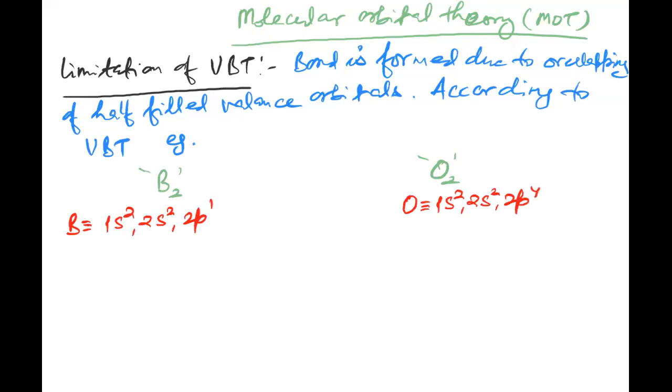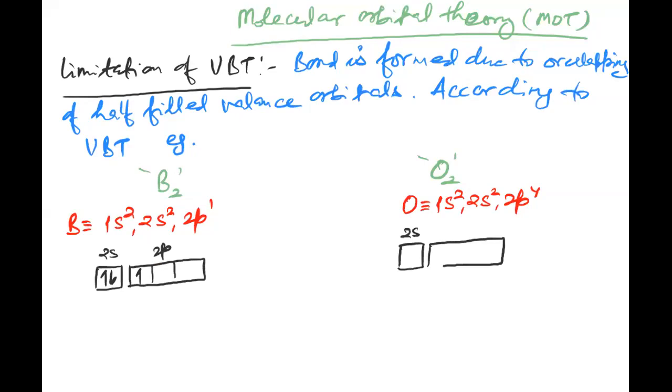In the outermost shell, boron has 2s2 and 2p1, and oxygen has 2s2 and 2p4.